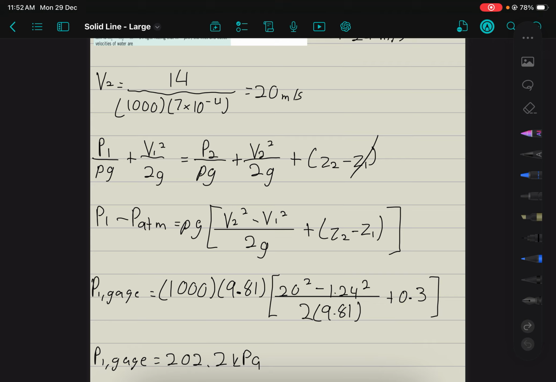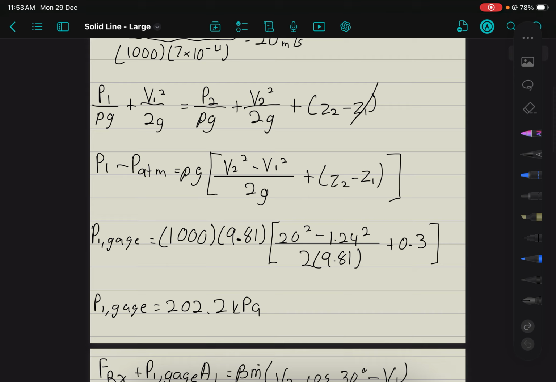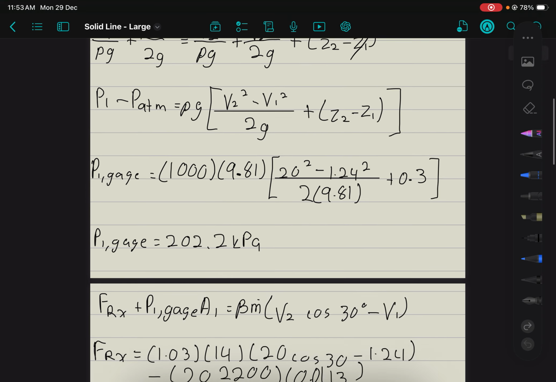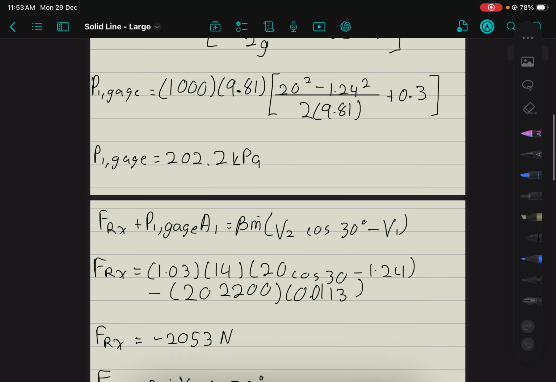P1 gauge equals 1000 times 9.81, times outlet velocity 20 squared minus inlet velocity 1.24 squared over 2 times 9.81, plus 0.3. And we get the answer from the calculation: P1 gauge equals 202.2 kilopascal.